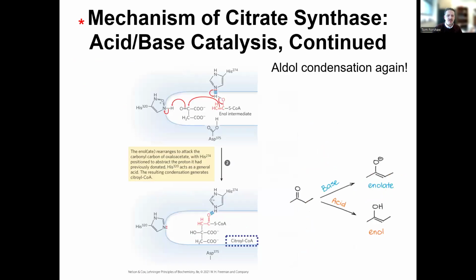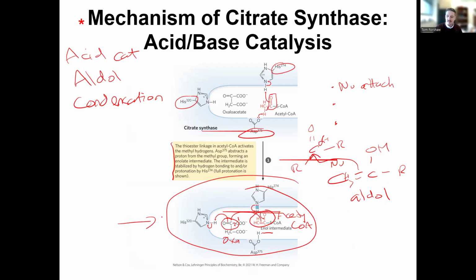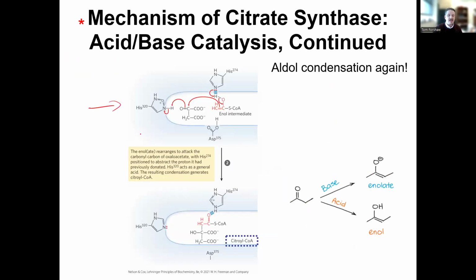So we're just continuing from where we were before. That's the same step. You now have generated this. There's now a rearrangement, and you generate citroyl-CoA. This is kind of like citric acid.